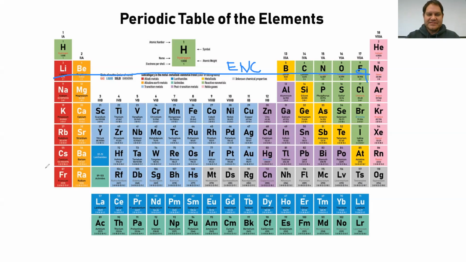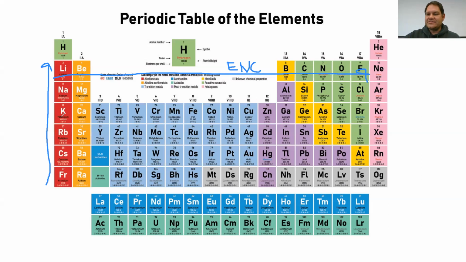So what happens is that we can say the nuclear attraction is actually increasing as we go up, all right? So lithium has a greater attraction for the valence electrons than sodium does. Sodium has a greater attraction for the valence electrons than potassium, and that is just because of the distance.